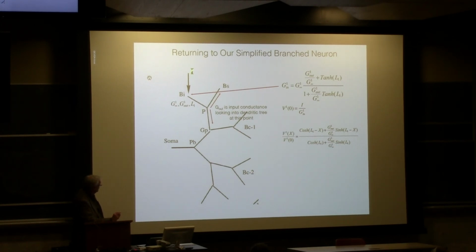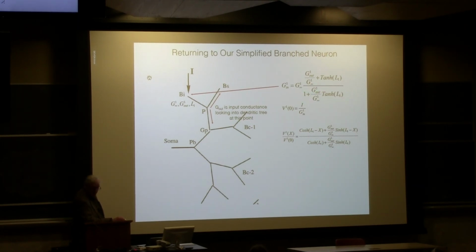So if we're injecting current at this node, the voltage at the point of current injection is equal to the current that we are injecting divided by the input conductance looking into the tree at that point. We know what this input conductance is into that part of the cable. It's given by this formula here. The thing is, we've got to deal with these G outs.